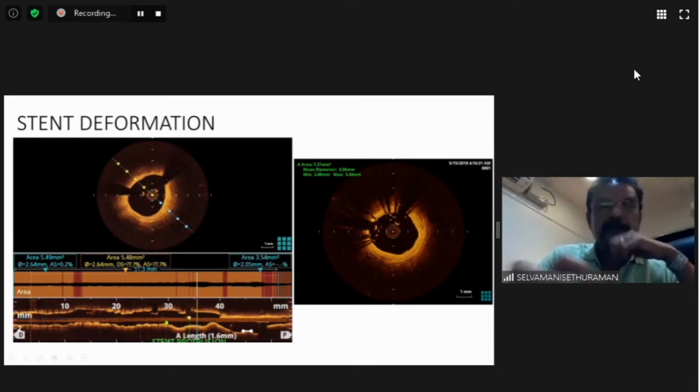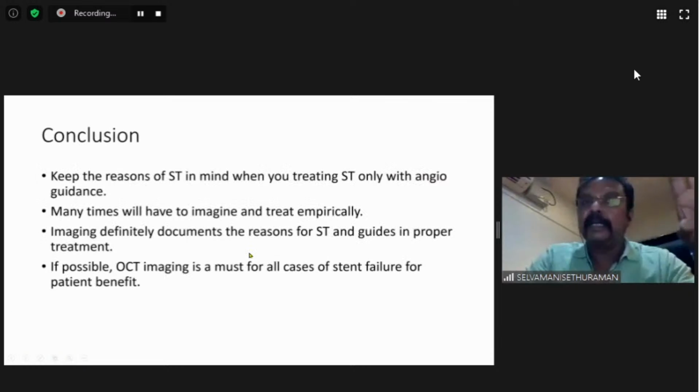Or probably with rewiring, we would have put a wire there and then dilated here. We are not sure what had happened in the initial sitting. But this is definitely a stent deformation which has caused stent thrombosis. Without imaging, you cannot pick this up. Angiographically, everything looks normal. So to conclude, in stent thrombosis, especially stent failure, imaging is very, very important.